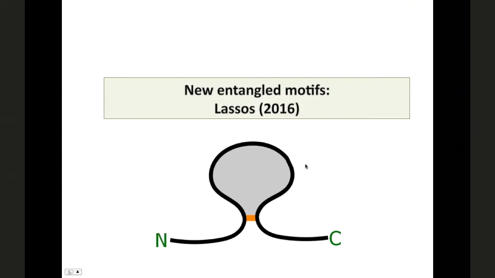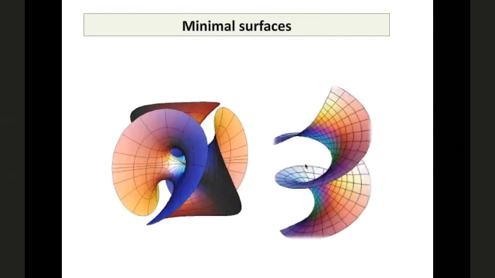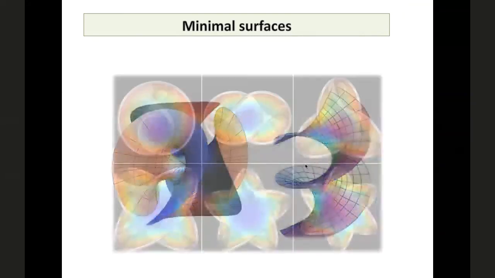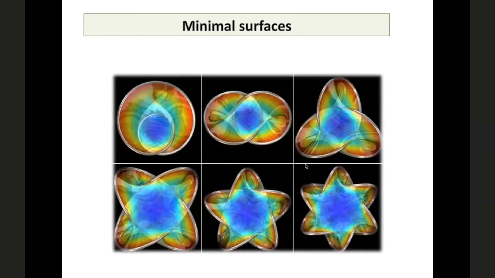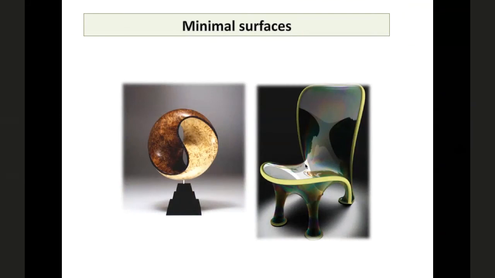To scan the PDB, our protein data bank, and see if such proteins exist, we use the approach called the minimal surface, which was applied in mathematics a long time before. And here you can also see an application of the minimal surface to art. I think it's a very nice picture.